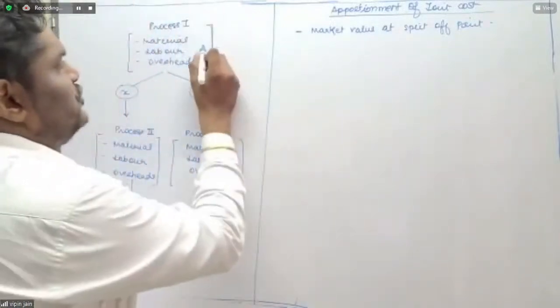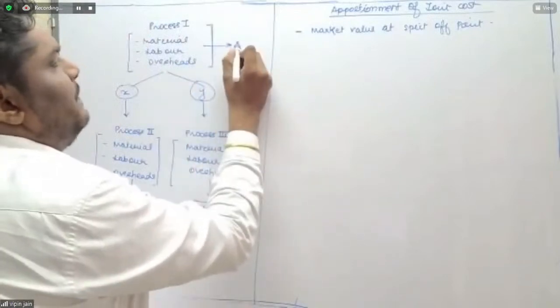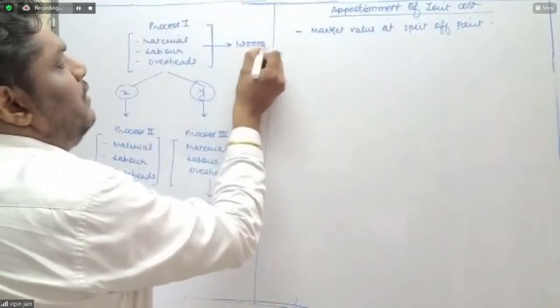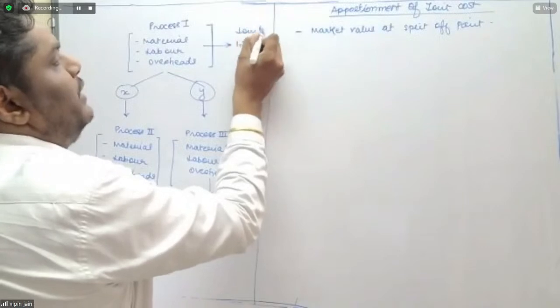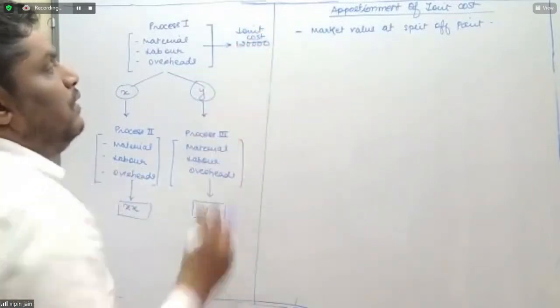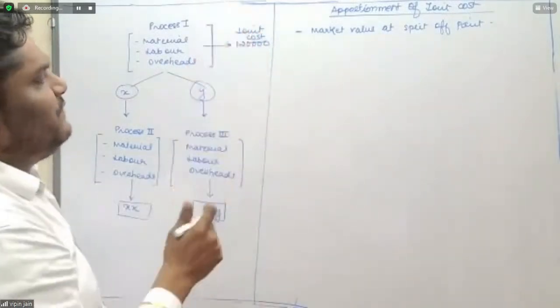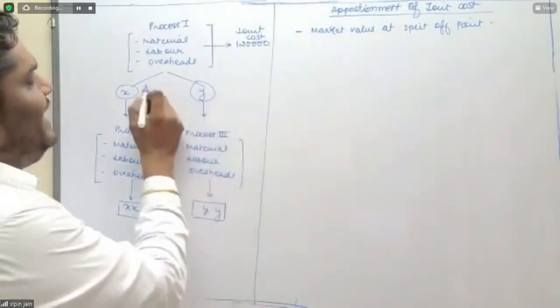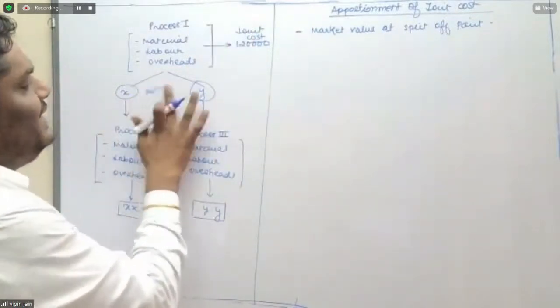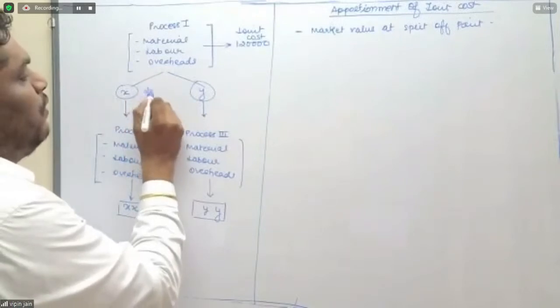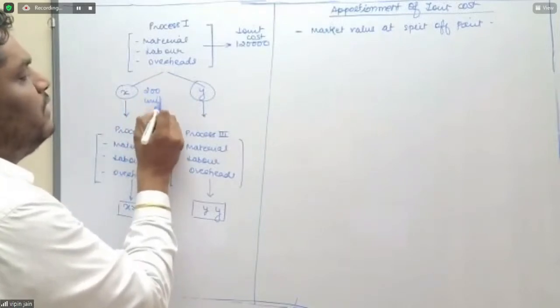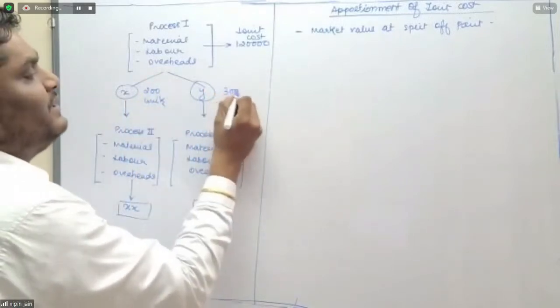Let's say the joint cost incurred is 1,20,000. This is our joint cost. Now, from process first, let's say two products emerge, X and Y. Let's say X is 200 units and Y is 300 units.